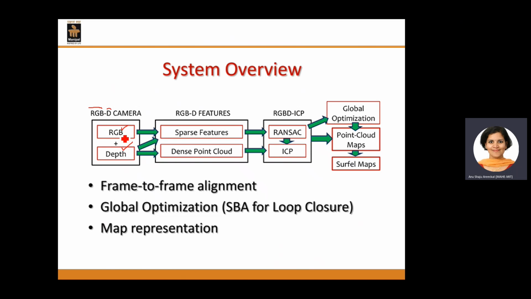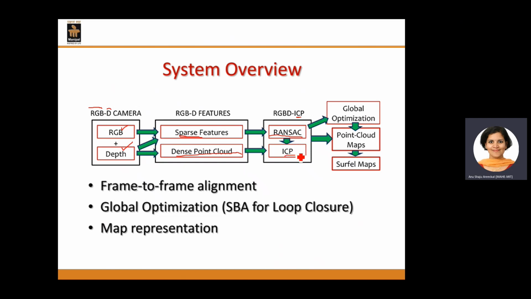Now from these images, certain features are calculated: the sparse features as well as the dense point cloud information are extracted, and from these features a rigid registration using ICP is done. Okay, so first a RANSAC is done where the outliers are identified and removed, followed by an ICP.